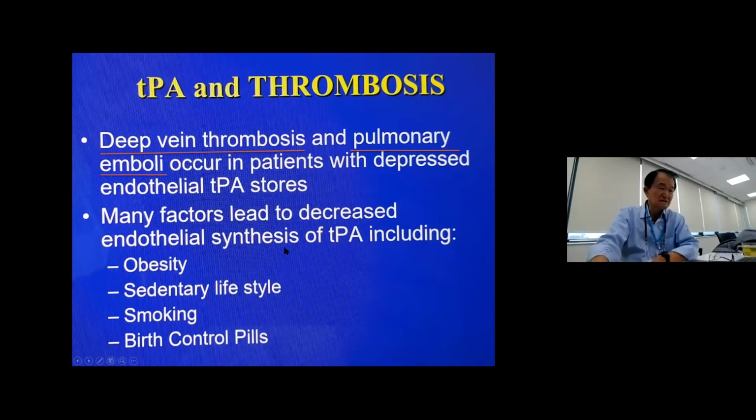Many factors contribute to decreased synthesis of TPA. There are obesity, a lazy lifestyle, smoking, and particularly birth control estrogen has been blamed. But it depends on the amount, so menopausal ladies are worried about taking any estrogens, but most experts still recommend the lowest dose estrogen for much more benefit.